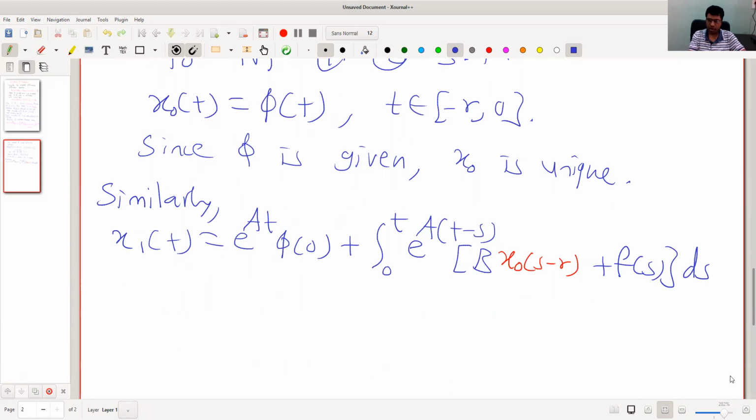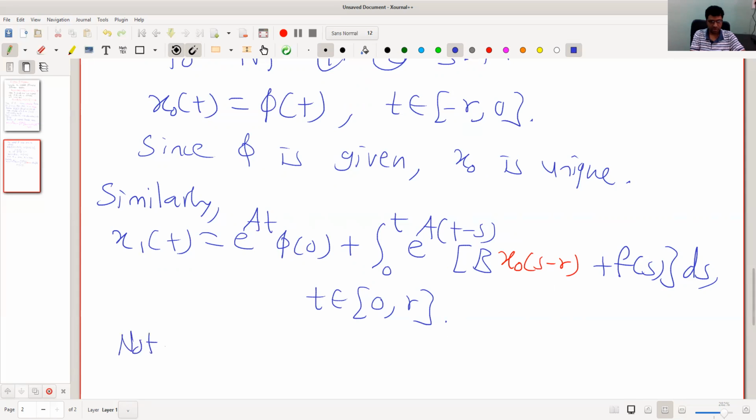Here t belongs to the closed interval 0, r. Again, x naught is unique. f is a given function. All others are constants a, b, etc. So x1 is unique.